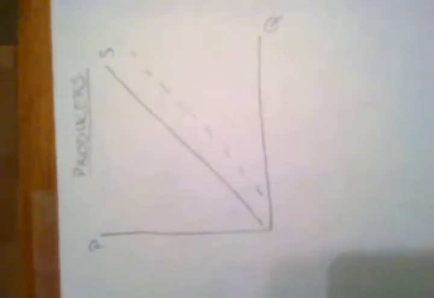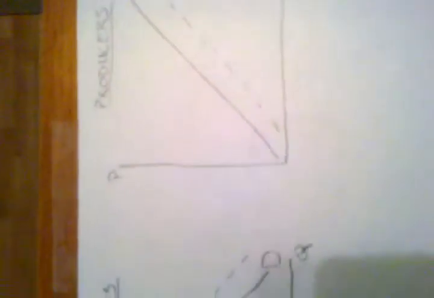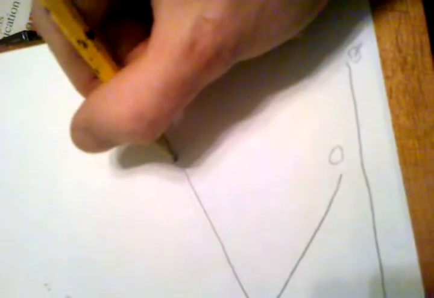Now, how is it going to affect it per unit subsidy with the effect on equilibrium? Well, let's just say we are supplying the subsidy to buyers. Well, we have our demand curve, and we have our supply curve.